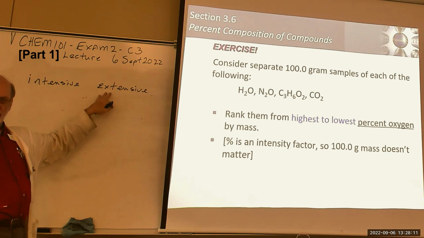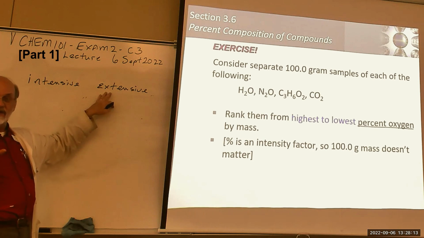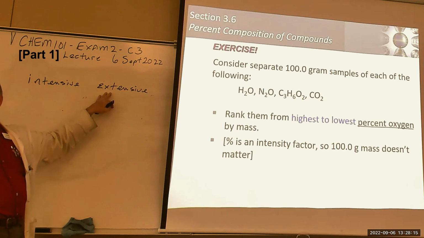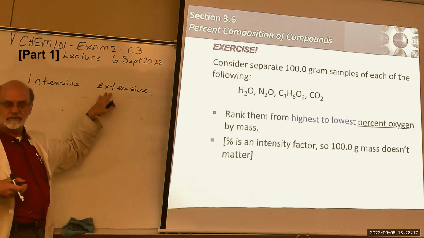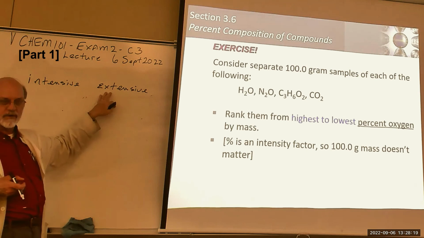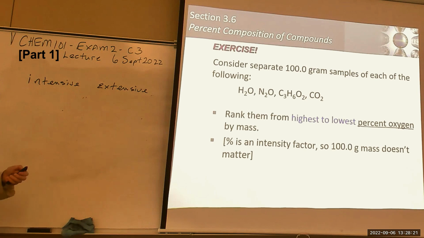So the mass of that ring might be a certain number of grams, but a brick of gold may be many pounds. That's an extensive property. That's the reference I'm making here. Percent is an intensive factor, so it doesn't matter whether we have 100 grams or 1,000 grams. Percent oxygen will not change, no matter how much we have.